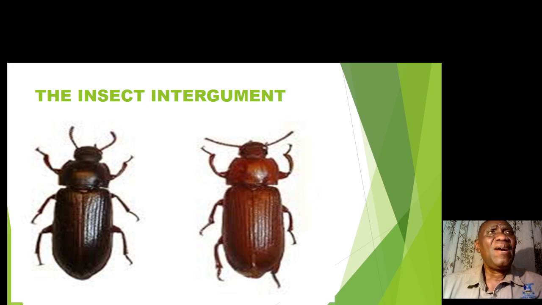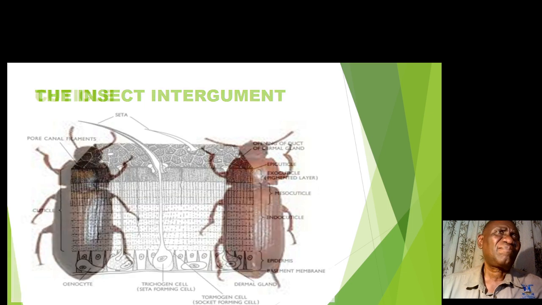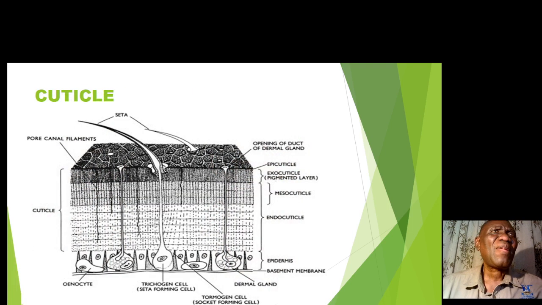What about the insect? The insect pests may have what they call the integument, which also looks like what the plants have. So the insects also have this cuticle.